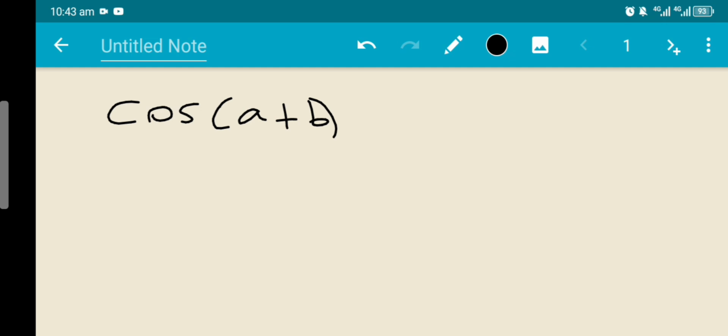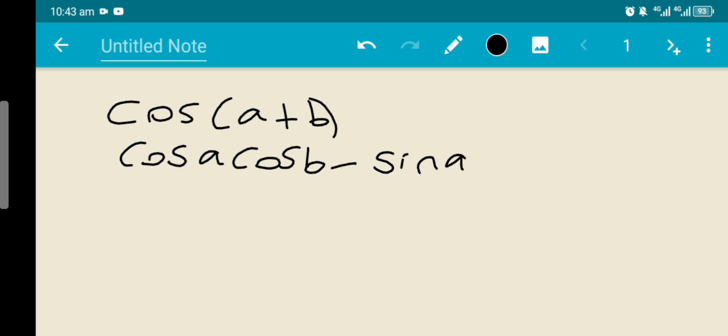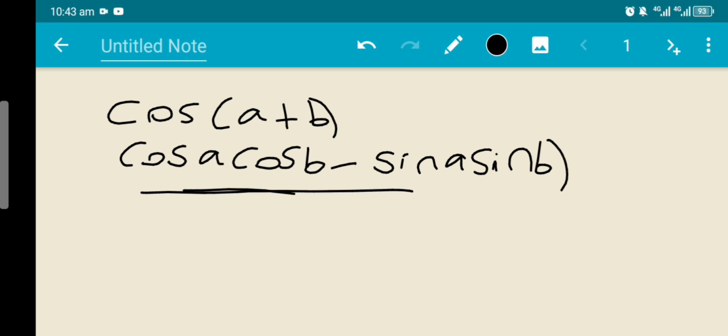We can just grab this and rewrite it: cos A times cos B, minus sine A sine B. Just take note of that and memorize this, because understanding is the prime thing, then memorizing can come later. In this case, this is something that we need to memorize.